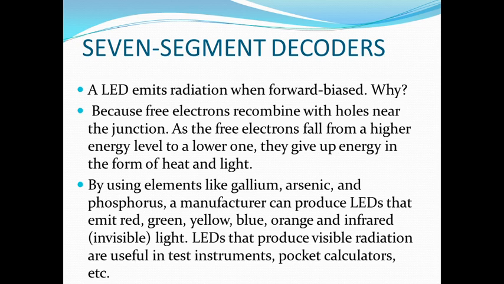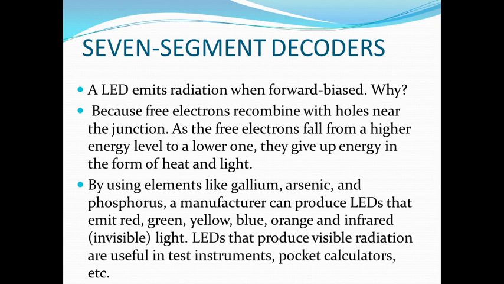That energy is in the form of hν or hc upon lambda, where h is Planck's constant, c is the velocity of light, and lambda is the wavelength. Corresponding to that particular frequency or wavelength, from 4000 to 8000 angstrom, it will fall in the visible range and hence radiate different kinds of lights. That is the way an LED works.